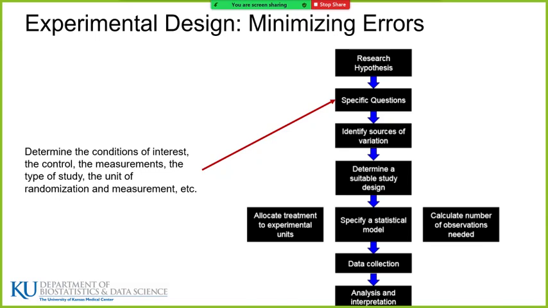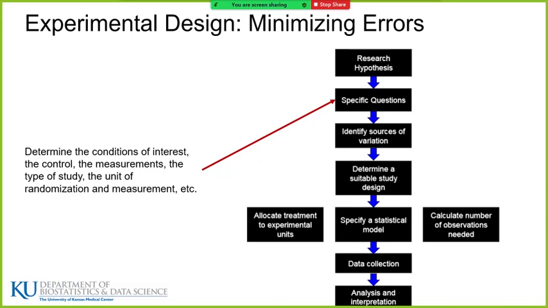What measurements are we going to collect on the units in the study, whether they're animals or humans? When are we going to take them? We have to really do a good job of explicitly defining those conditions, what their duration is, and how we are going to make sure that the conditions were actually applied appropriately.